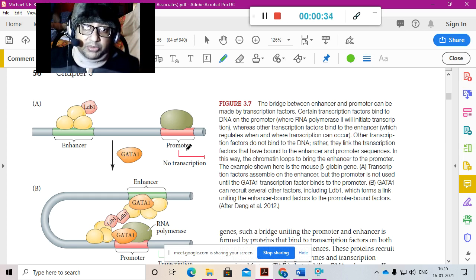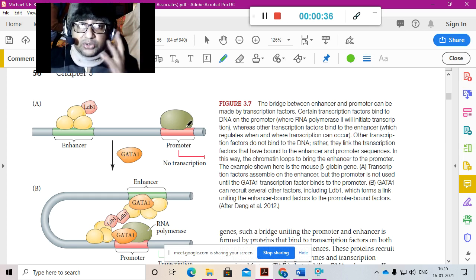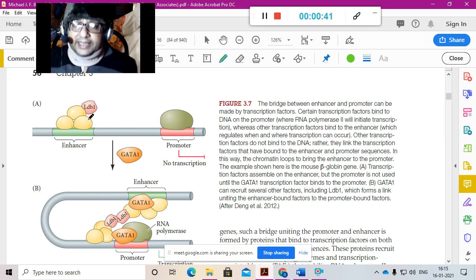The promoter is the place where RNA polymerase and other transcription factors bind, and there is also a sequence known as an enhancer. In this enhancer you have some other transcription factors.